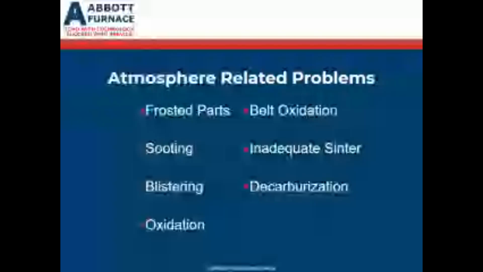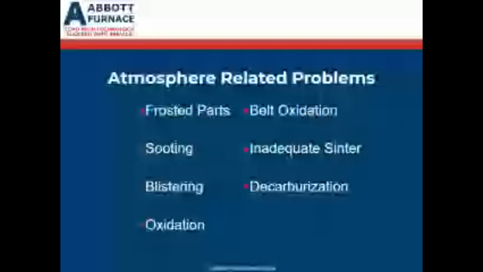Sooting, we talked a little bit about. Sooting on your parts may indicate that the atmosphere in the furnace is not balanced, we would say, to where we're not getting a good forward flush to remove all those carbon vapors out the front.